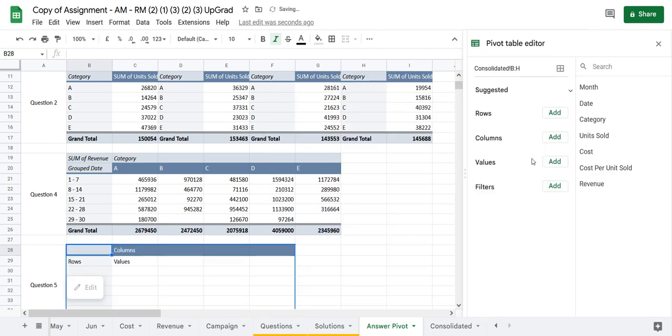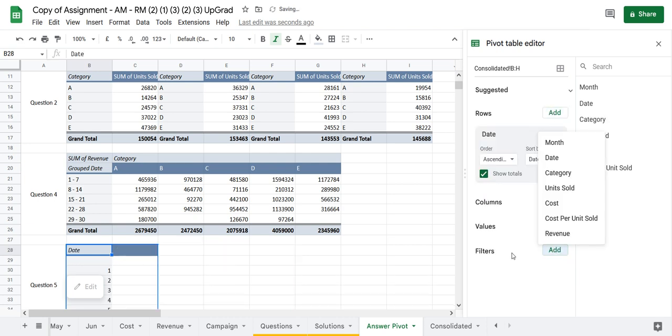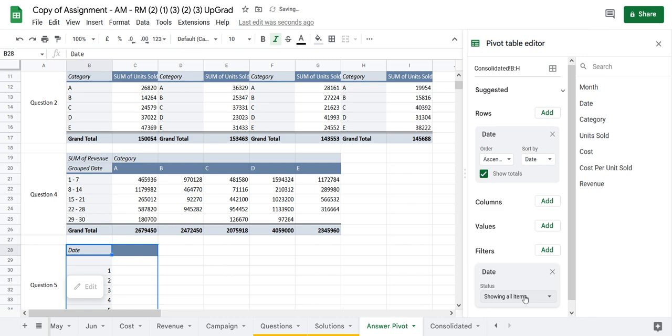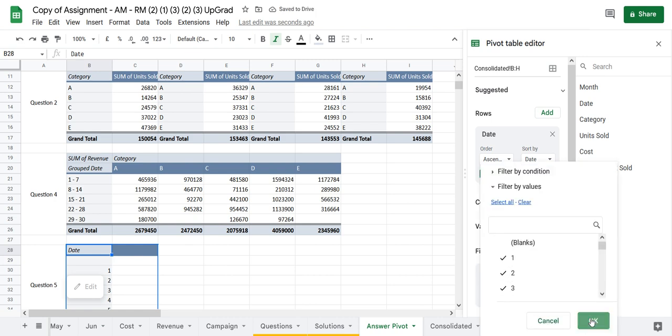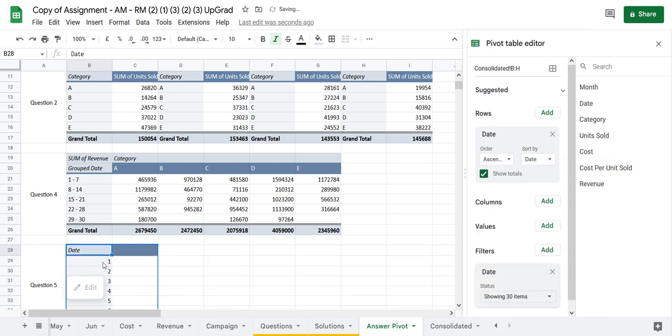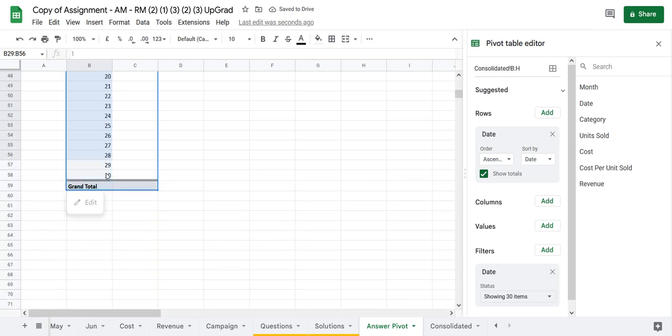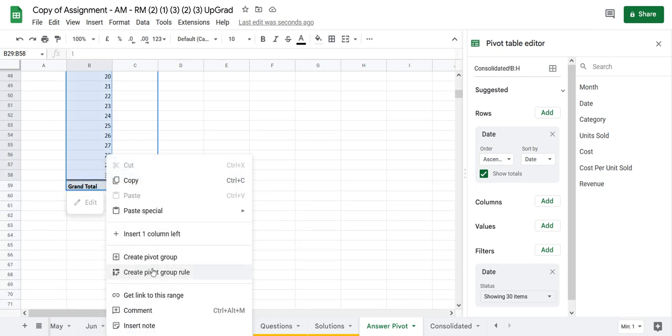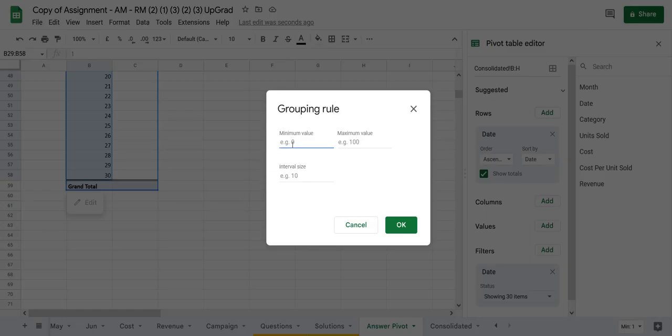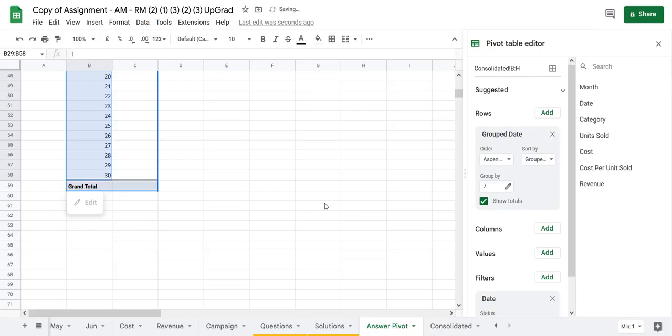Okay, now in the rows we will add date. In the filter, by adding date, we will remove blank. Again we will apply the group rule: minimum value 1, maximum value 28, interval size we will add 7. We'll hit OK.